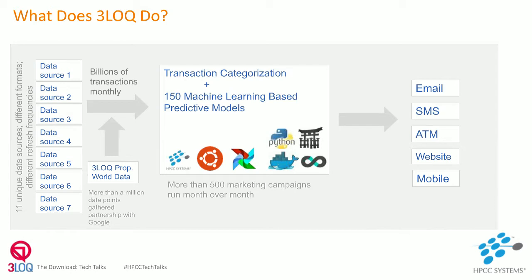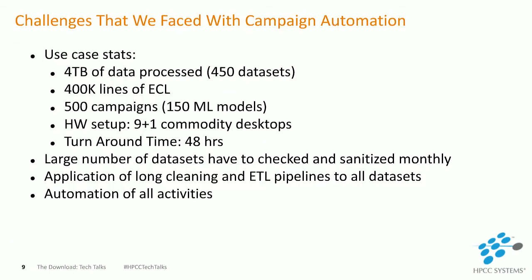I'll talk a little more about the problem, so that you see the context of why this came about. In our work, we have around 450 data sets that we need to process and clean month on month. Every month we get a refresh of these 450 data sets, and we also have historical data stored on the system.